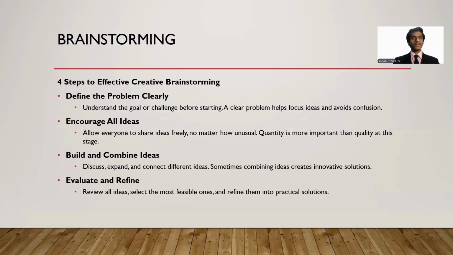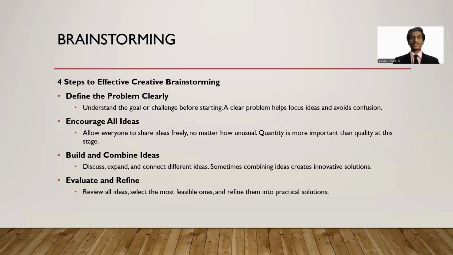Brainstorming. 4 steps to effective creative brainstorming. Define the problem clearly. Understand the goal or challenge before starting. A clear problem helps focus ideas and avoids confusion. Encourage all ideas. Allow everyone to share ideas freely, no matter how unusual.